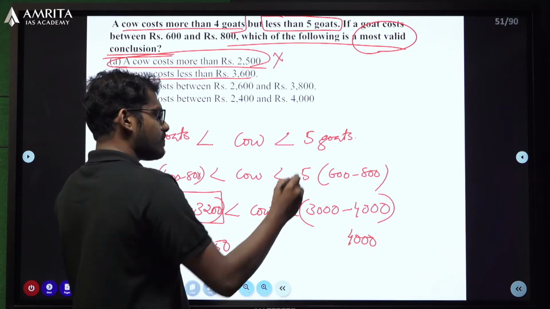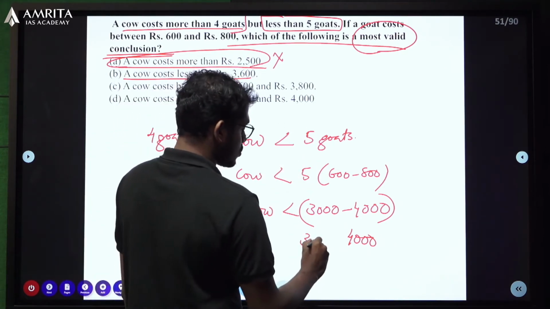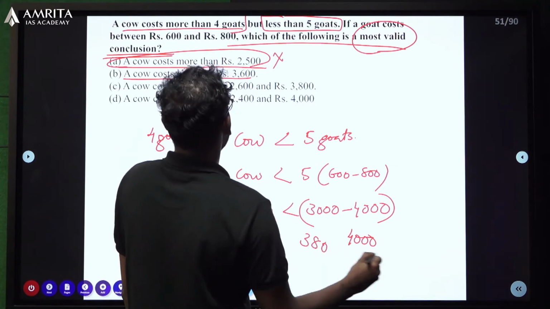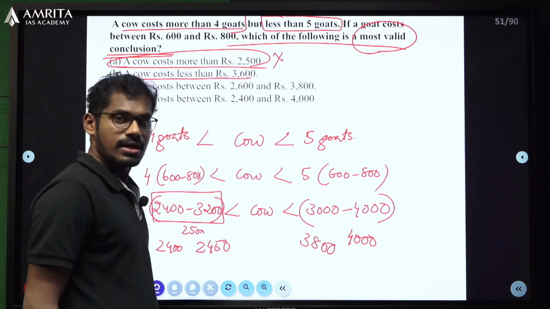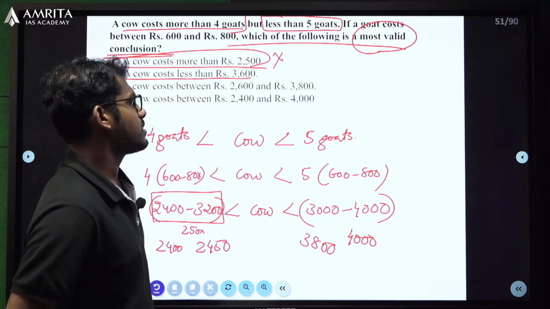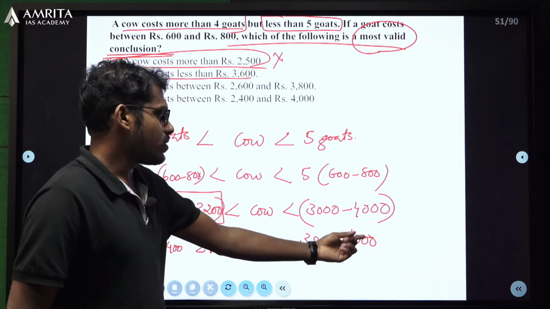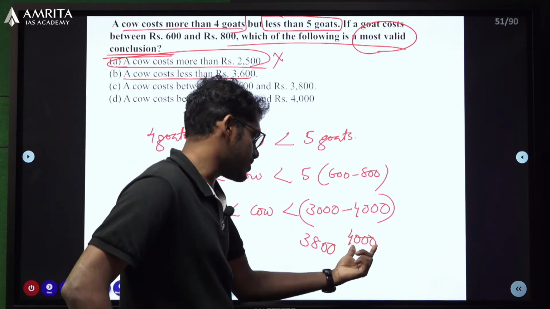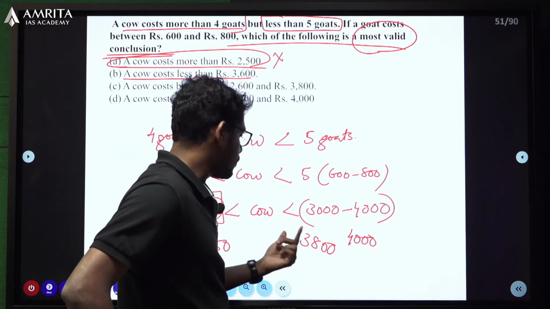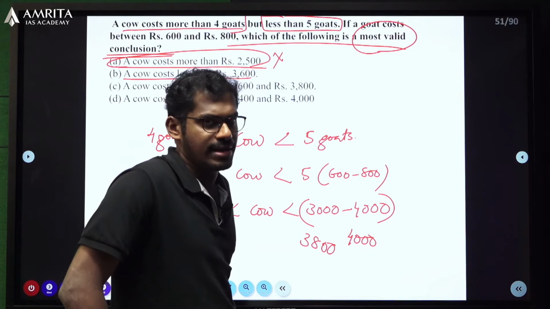What if the value of 5 goats is 4000 and the cost of a cow is 3800? Is it possible? Yes, possible. But they say that a cow costs less than 3600. Here the cost of 5 goats is 4000 and we are assuming that the cost of the cow is 3800. The rule is not violated.